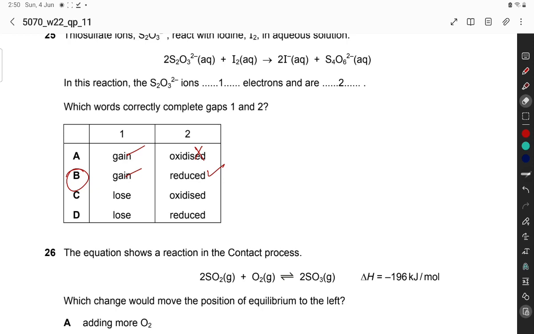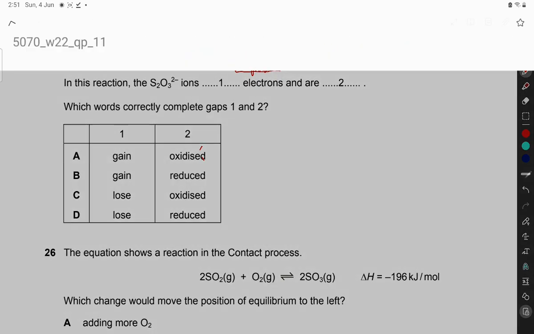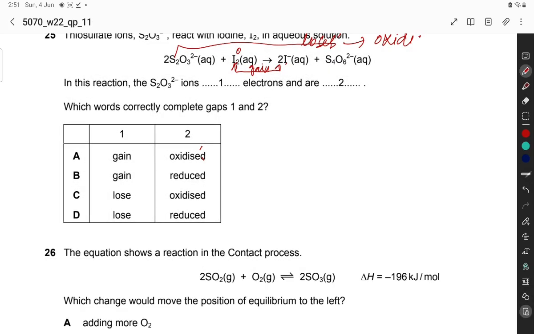Sorry. If iodine gains electrons, thiosulfate goes from 0 to minus, thiosulfate to S4O6, so it loses electrons, so it is oxidized and iodine is reduced.